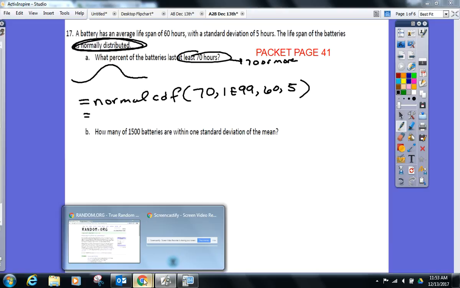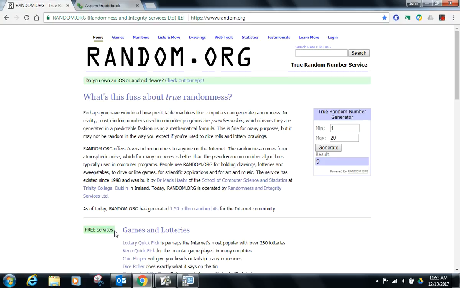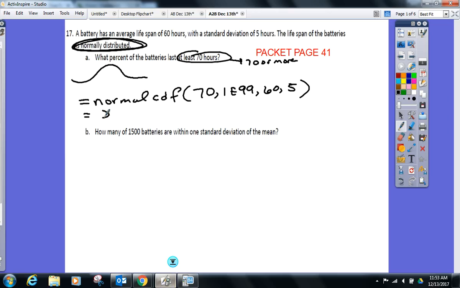And there are no rounding directions, so can we go nearest tenth of a percent, guys? Remember, that's a decimal on your calculator. Please make it into a percent. Nearest tenth. What do you got? There you go, 2.3%. So about 2.3% of the batteries last at least 70 hours.